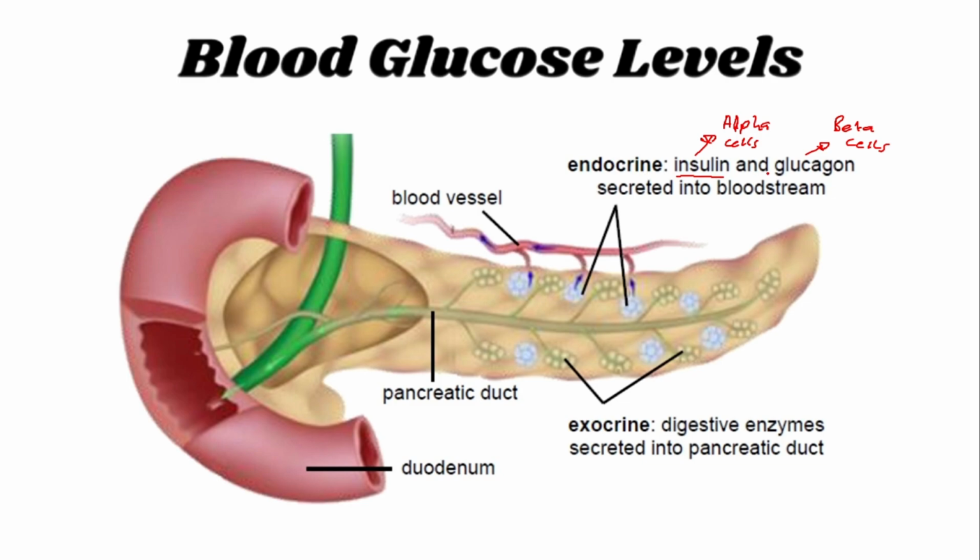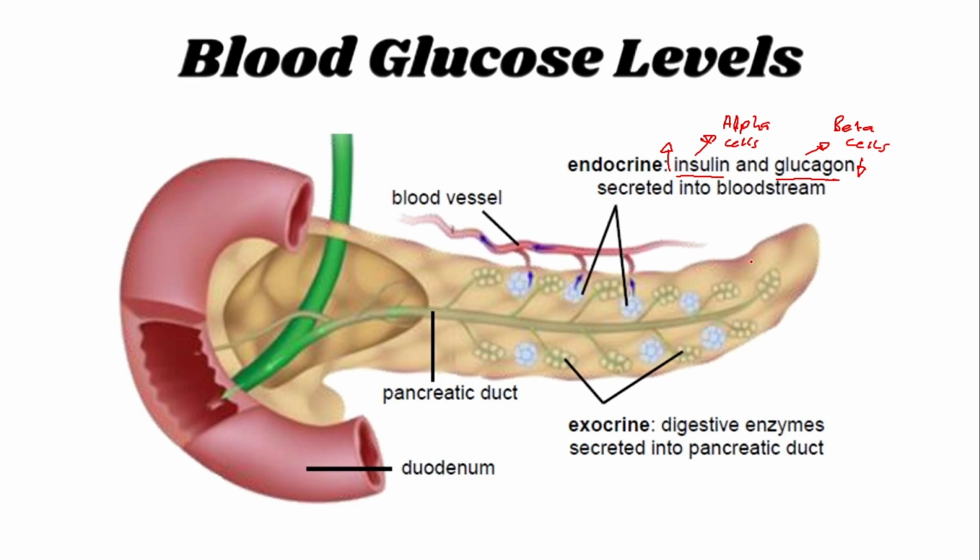And both of them are considered to be hormones that are involved in the endocrine system, okay? And they're going to be secreted directly into the bloodstream. As you can see, we have a blood vessel there, and these alpha and beta cells are going to secrete the insulin and glucagon. Now, one thing to note is that insulin and glucagon work antagonistically. So if the secretion of insulin increases, the secretion of glucagon decreases, and obviously vice versa.